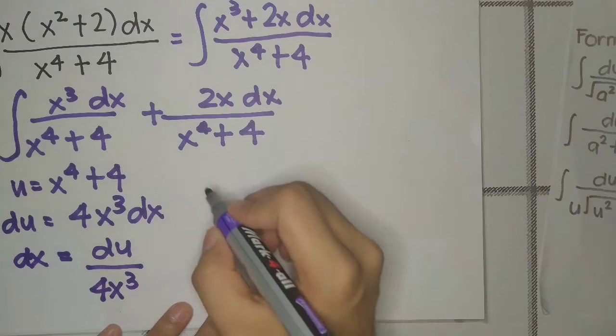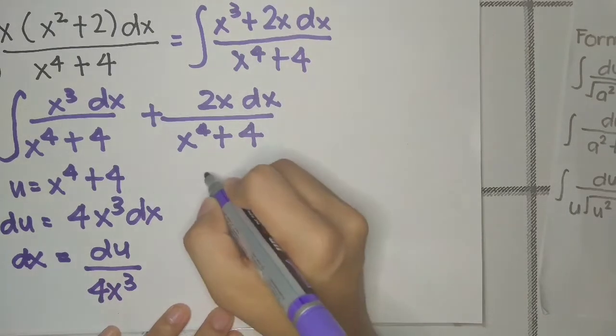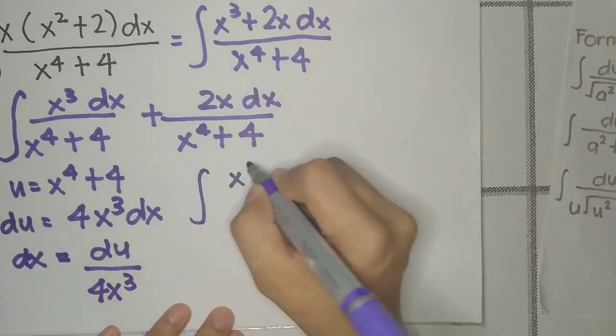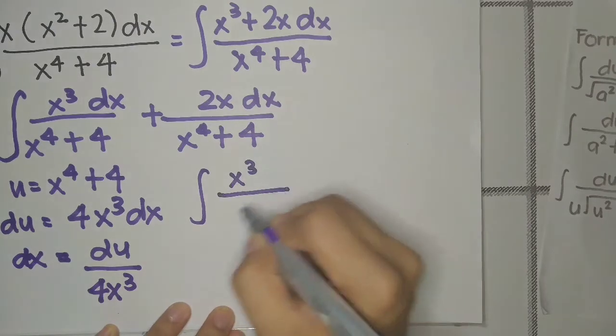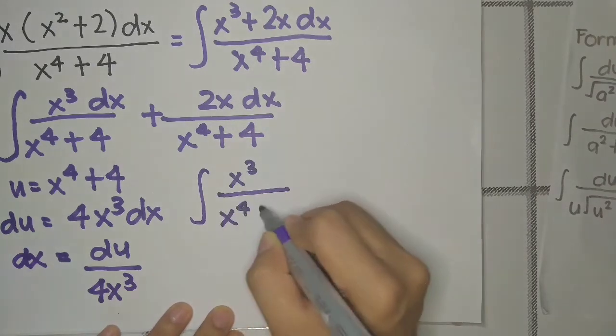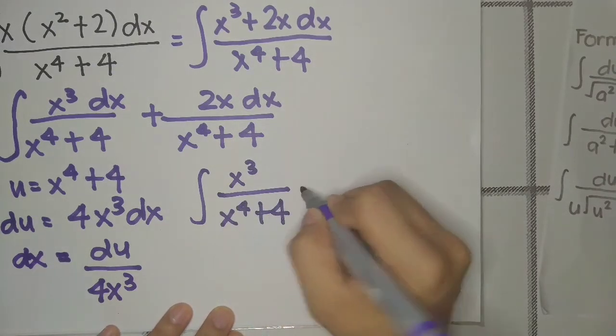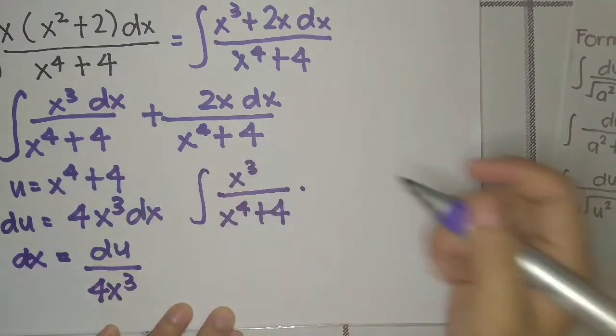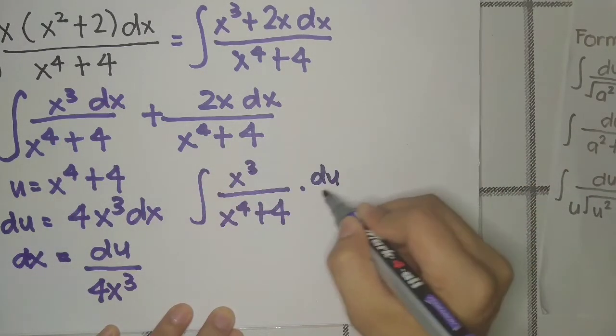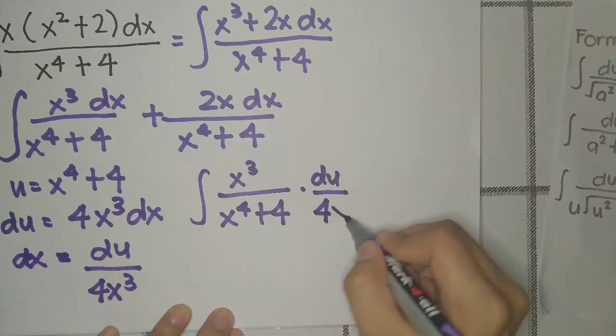So let's continue with part 1 of the integration. We have x³ all over x⁴ plus 4 multiplied by the value of dx, which is du all over 4x³.